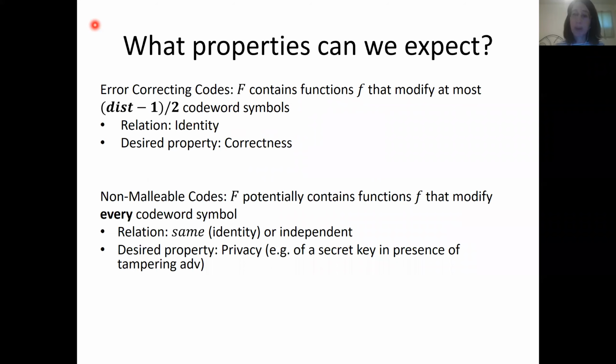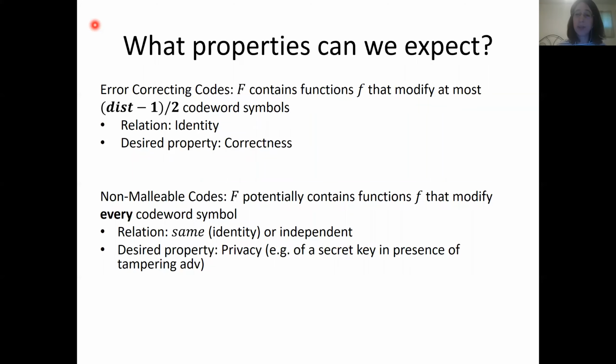On the other end of the spectrum, we have non-malleable codes. And here, we want to allow tampering functions F that potentially modify every codeword symbol. In this case, we can no longer achieve correctness, but now the relationship that we're going to achieve between the recovered message and the sent message is that either X tilde is the same as X, or it's independent of X. And the desired property that we achieve in this setting is privacy.